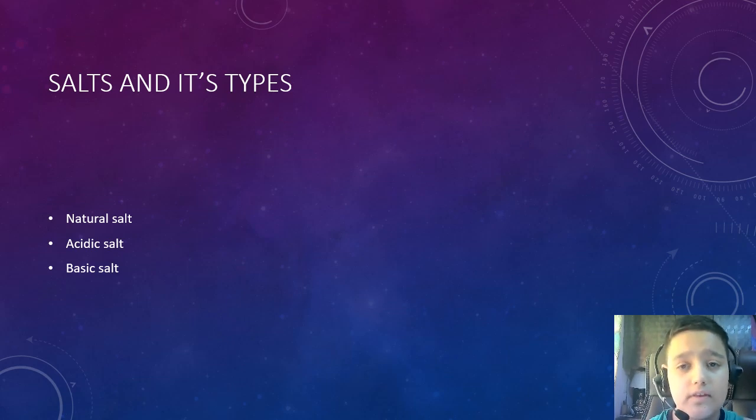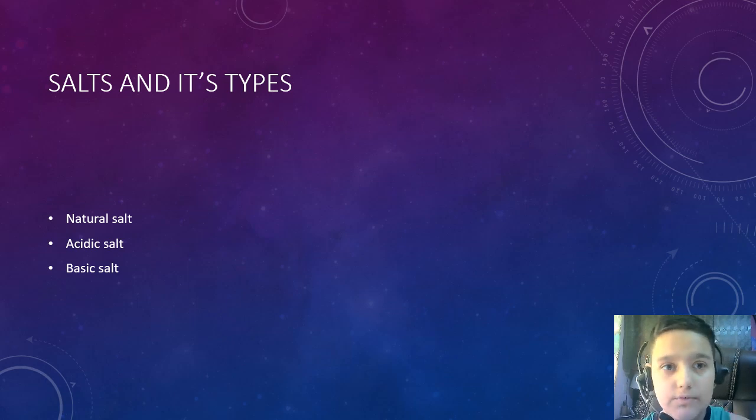So now if I tell you about the neutral salt, the salt which forms a neutral solution on dissolving in water, these kinds of salts are known as neutral salts. An example of neutral salts is sodium chloride. And the second one is the acidic salt.